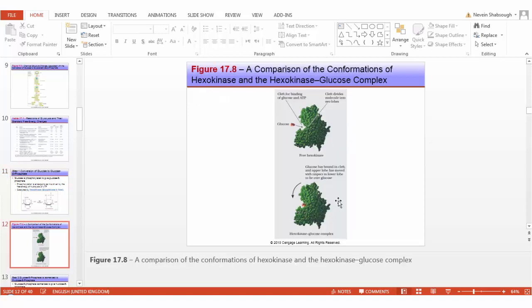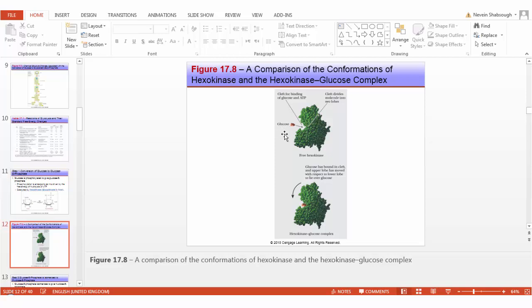Now, if we look at this figure, which shows us a comparison of the conformation of hexokinase before and after substrate binds. Here you see this is the free enzyme hexokinase, and here we have a cleft for binding of glucose and ATP, and then another cleft which divides the molecule into two loops. Now this is the substrate glucose.